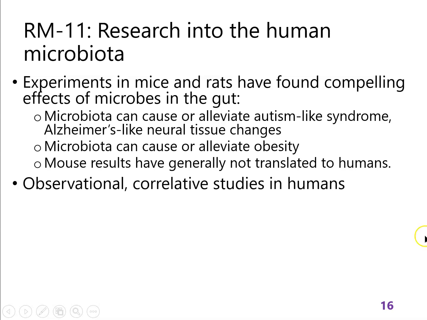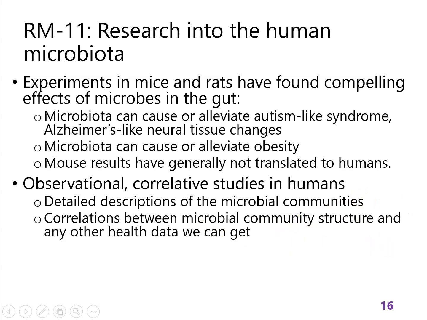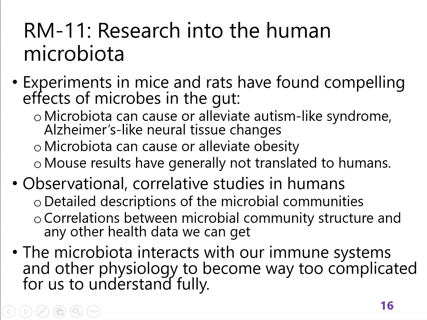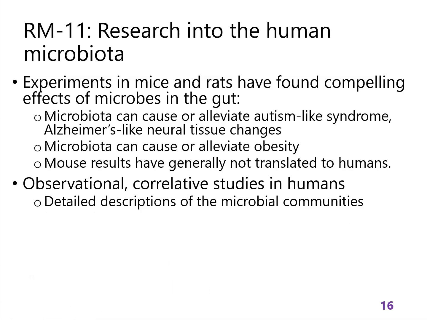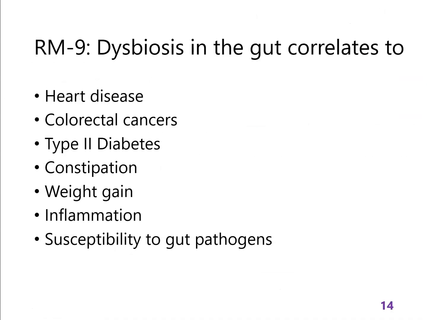What we have in humans are a lot of observational or correlative studies where we describe the bacteria in guts and correlate them to whatever health data we can get from the same subjects. And so that's how we got this list. These are correlations between bacteria we find in the gut and other health.